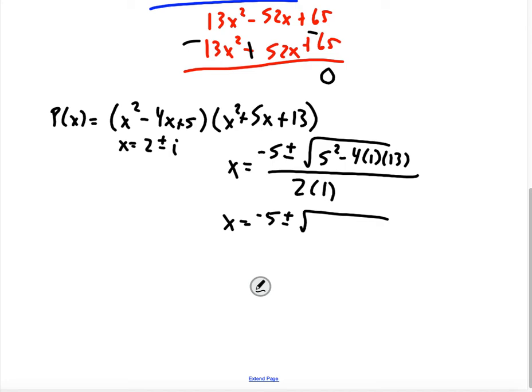So we get 25, and so this ends up being 25 minus 52 all over 2.